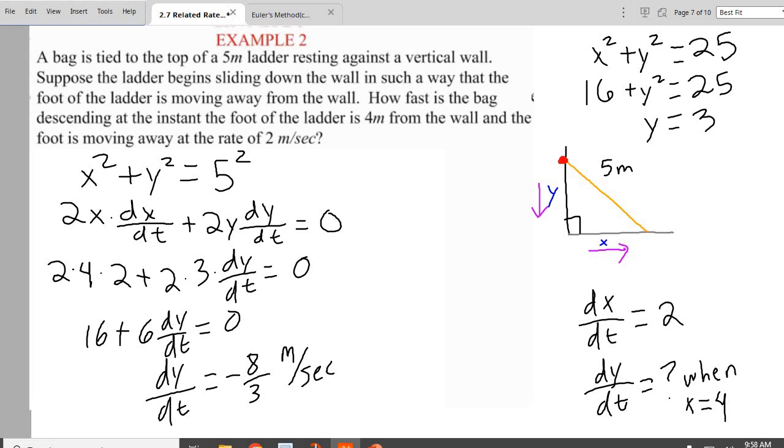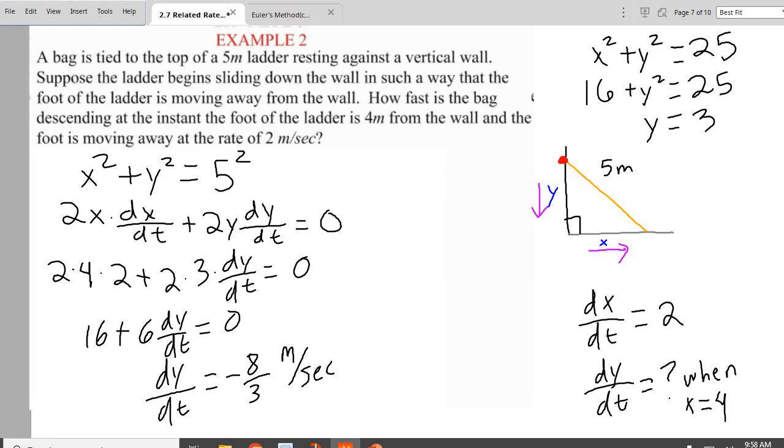Now, be careful though, okay? Let's say it was a different part B, and I started to say, what if someone starts to push the ladder back, whatever, at a certain rate? What would negative mean in terms of my foot of the ladder? Towards the wall, right?